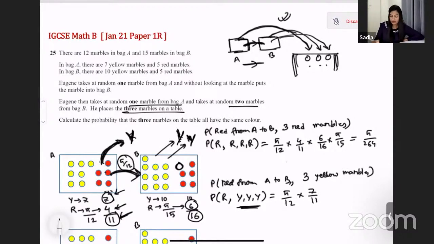So 7 by 11. And for the second bag, we have 10 yellow marbles and total is 16. And then yellow, right? So this is from A, these 2 are from B. So number will decrease by 1. So that's 9 by 15.